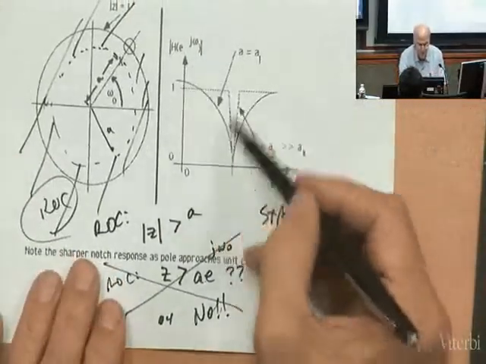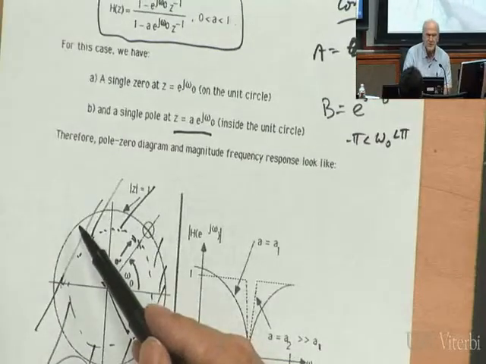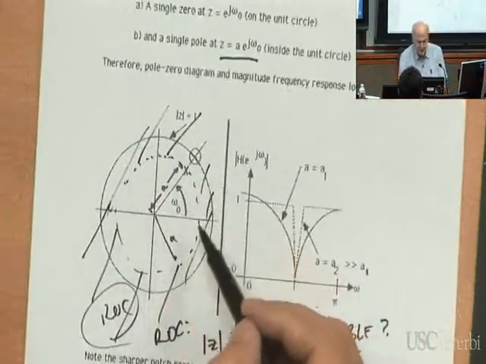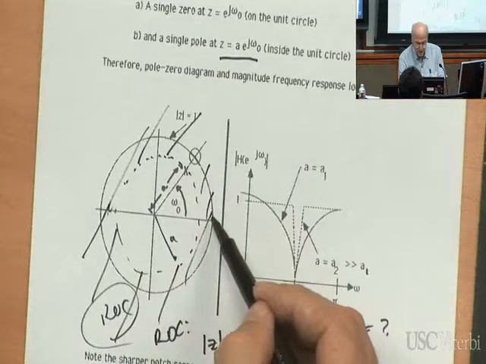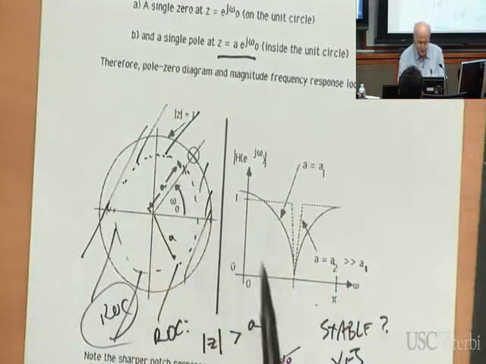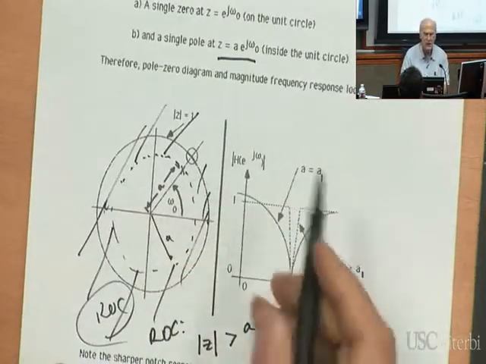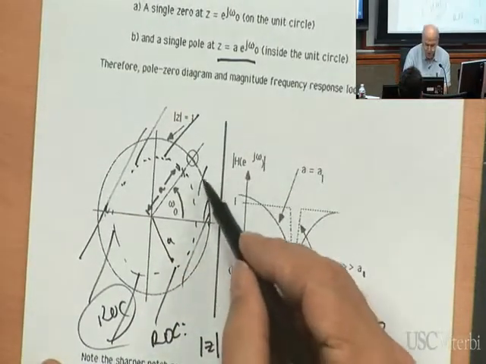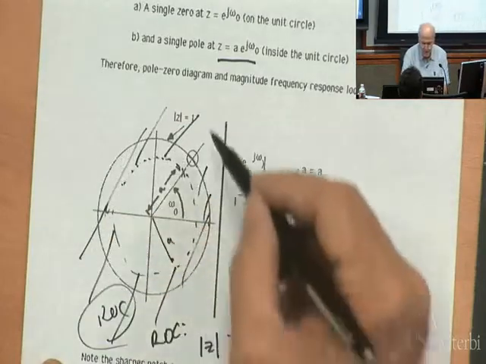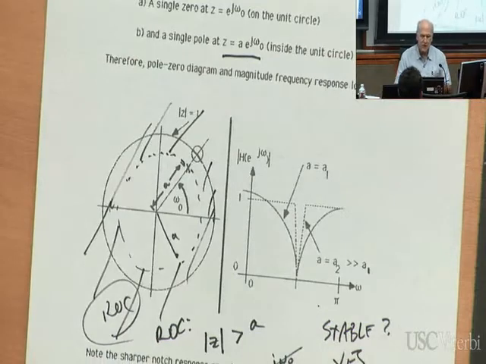Well, if you sketch out the frequency response, remember the frequency response is obtained by taking a point on the unit circle and running it all the way from 0 to 2 pi, or pi to minus pi, either way. You go all the way around this circle, and as you go around, you evaluate H of e to the j omega and take the magnitude.